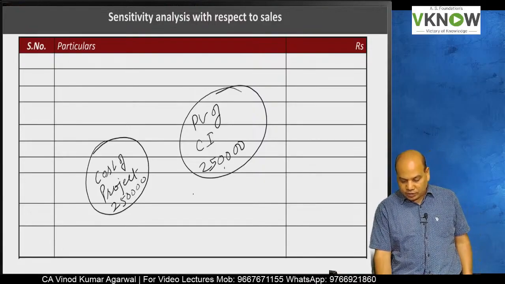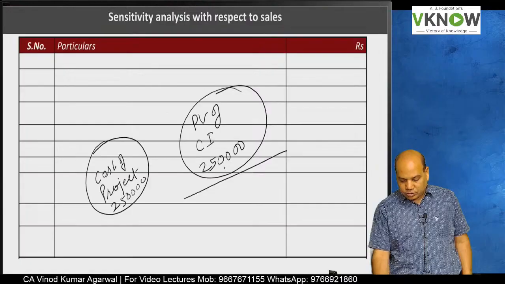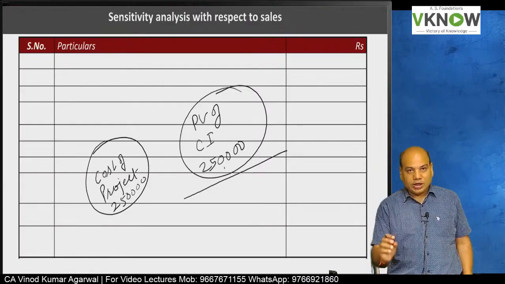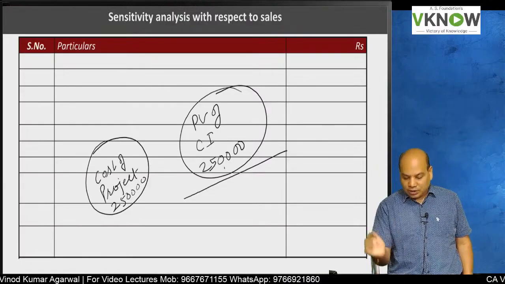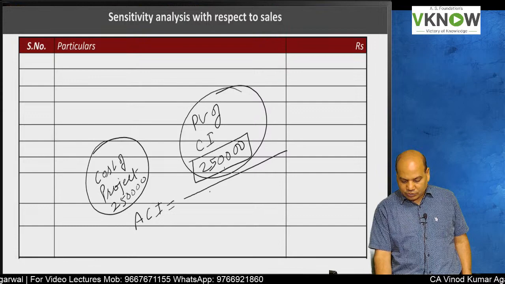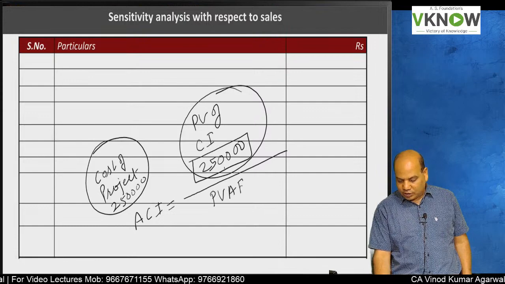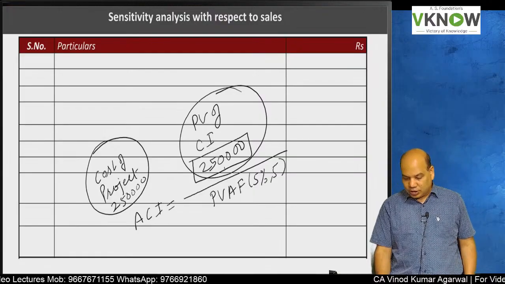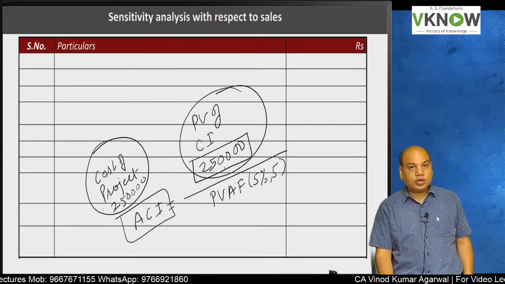To get a PV of cash inflow of 2,50,000, I need to find out what will be my annual cash inflow. Annual cash inflow will be 2,50,000 divided by PV annuity factor 5% and 5 years. So that will give me annual cash inflow required.